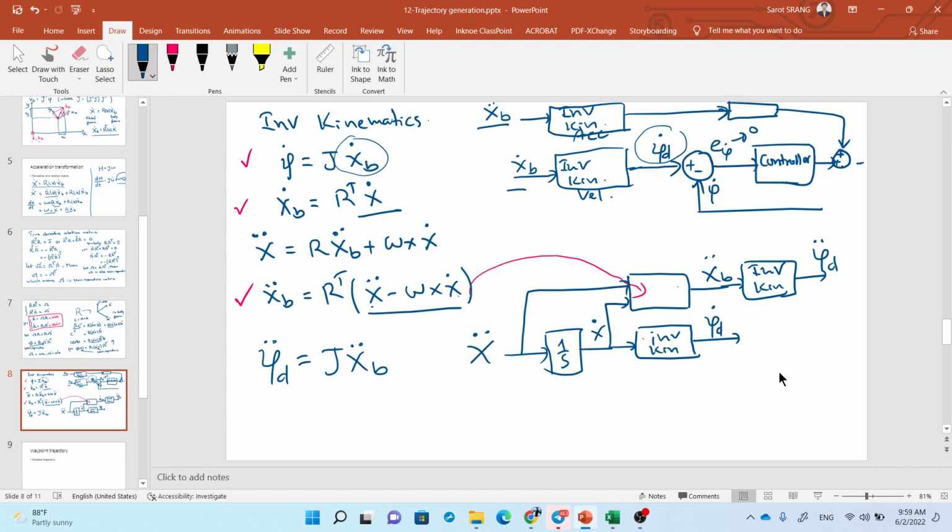And then this desired acceleration and velocity, you can use for the feedback control at the actuator.